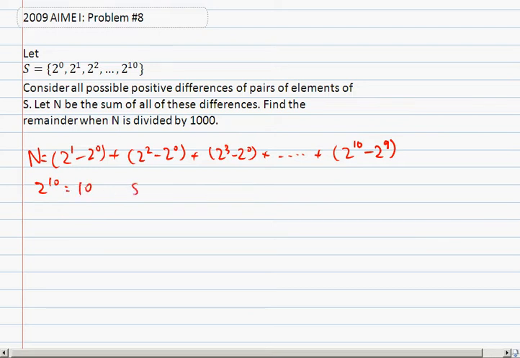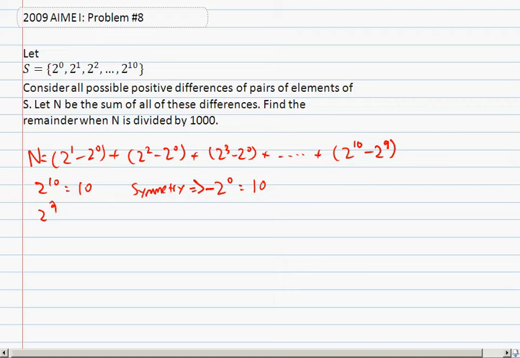Similarly, by symmetry, since there is an odd number of elements in set S, we have 2 to the 0th power appearing 10 times as well, except that it's being subtracted. So we put a negative sign here.